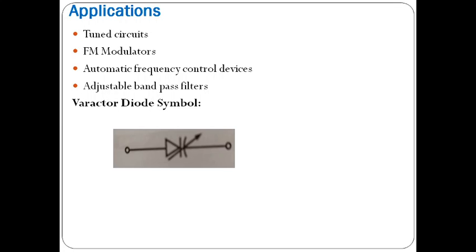Here the capacitance is varied by using the varactor diode, and it is also used in FM modulators or FM radio, frequency modulators, and automatic frequency control devices.